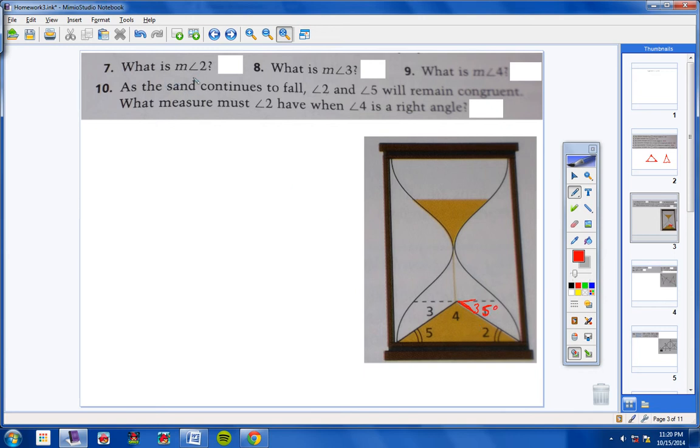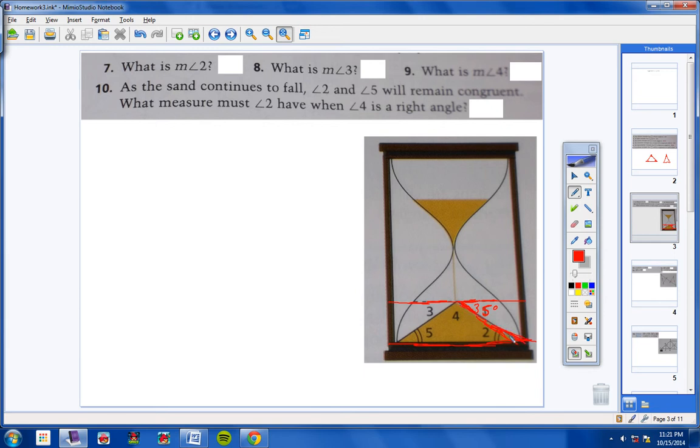What is the measure of angle 2? They also tell us the dashed line is parallel to the base. So we do know that this line here is parallel to this line here. Now they want to know the measure of angle 2. See this line right here? Watch this.